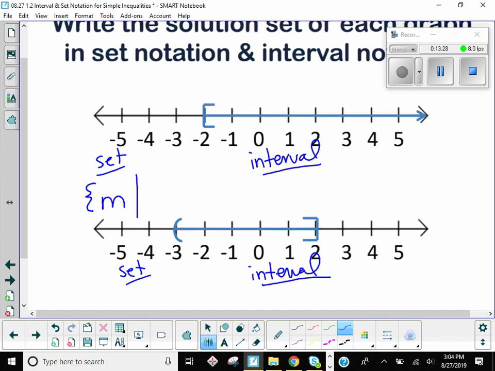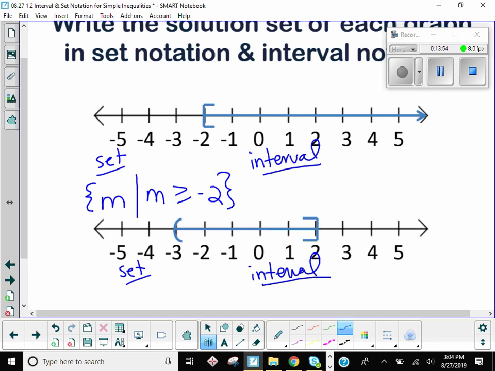Such that, okay. All m such that m is greater than or equal to -2. How did I know that I need to put the wiki bar right there under the greater than? What symbol is telling me that? That can be equal to. The straight bracket, right?